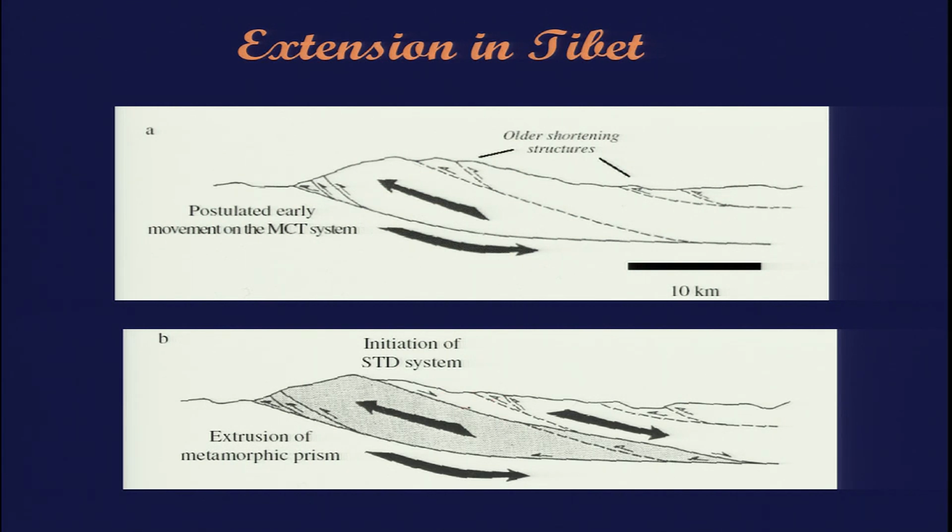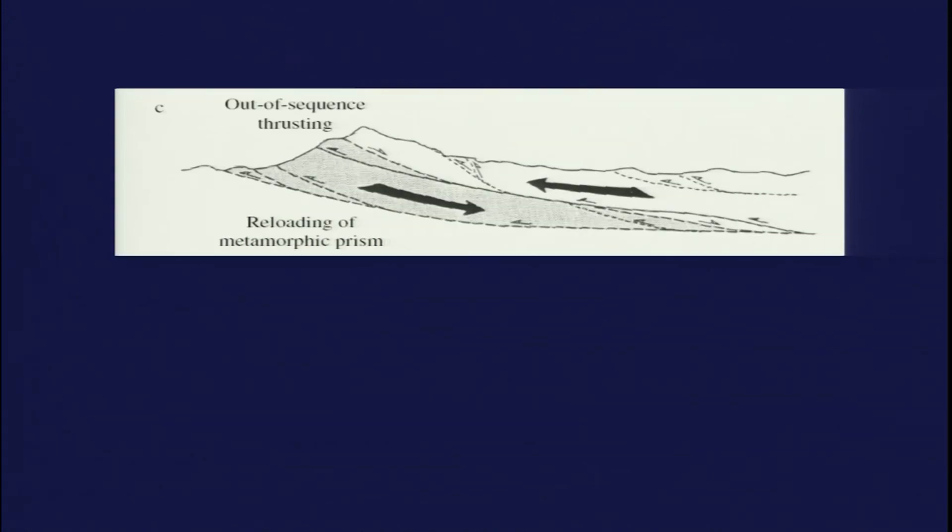This whole portion has been sliding back, and that is resulting in the extension. Okay. Another one we have is out of sequence thrusting, which can also accompany the rollback, or we can say the back rolling of the elevated portion.